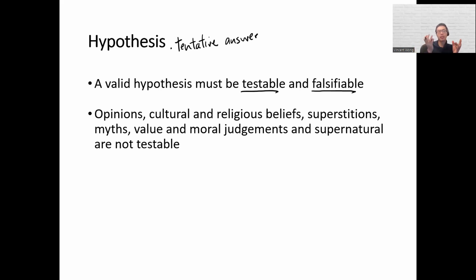Okay, so the experiment either will support the hypothesis or it will reject the hypothesis. Okay, don't use the word proof. In science, you cannot prove anything. You can only gather data to support a hypothesis. We will continue to use a hypothesis until maybe later on some new evidence rejects it.